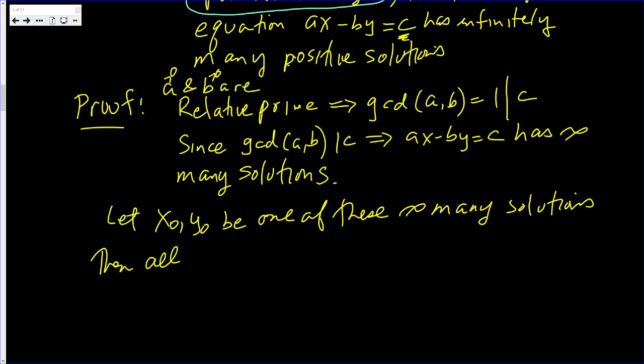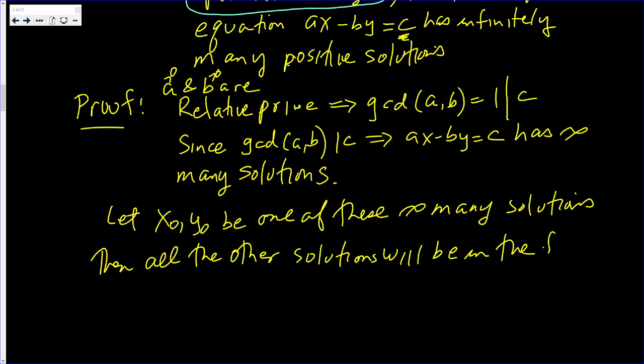Then all the other solutions will be in a special form, in the form of x equals x0... I probably should have written down the Diophantine equation in the proof, but I didn't. Maybe one should.